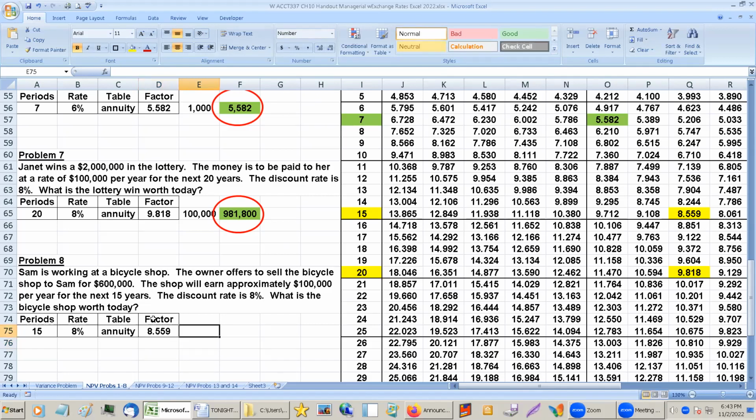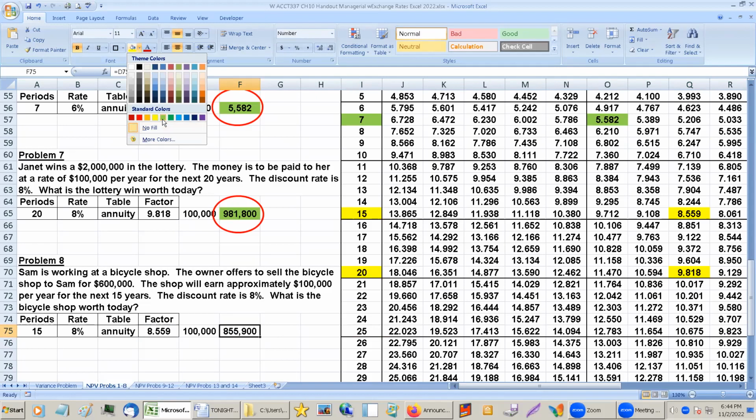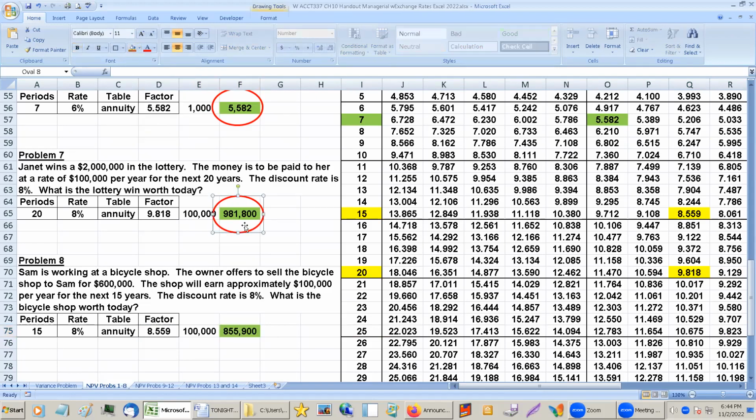And this is for $100,000 a year. So this is the value of the place. If you can get the cash flows and an interest rate, you can value anything.